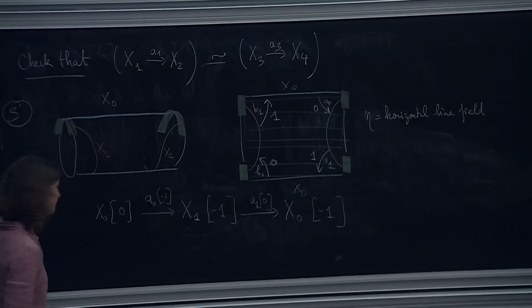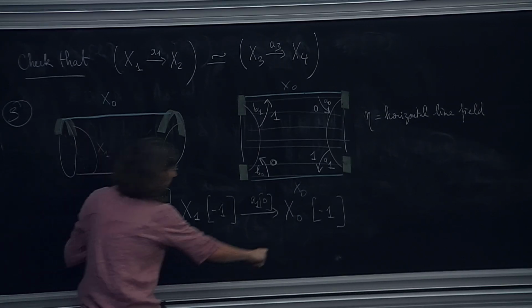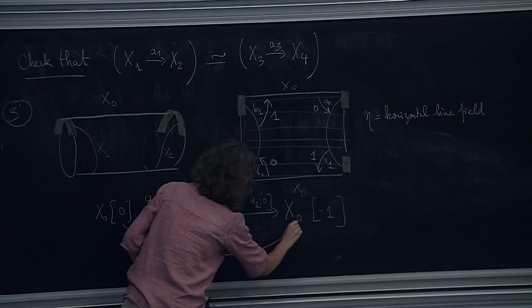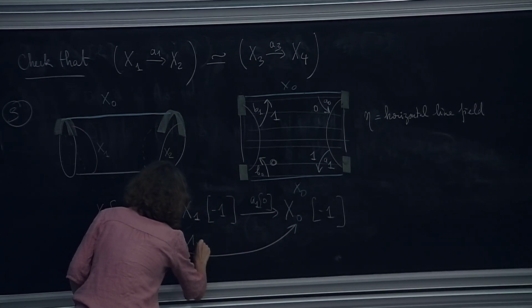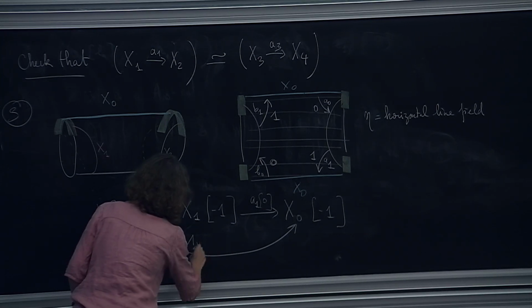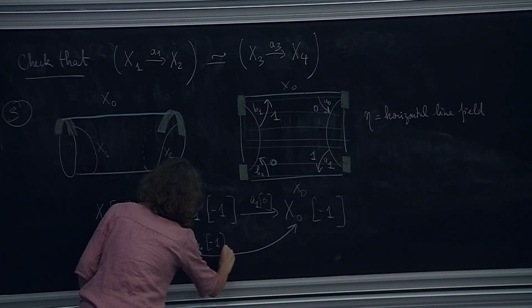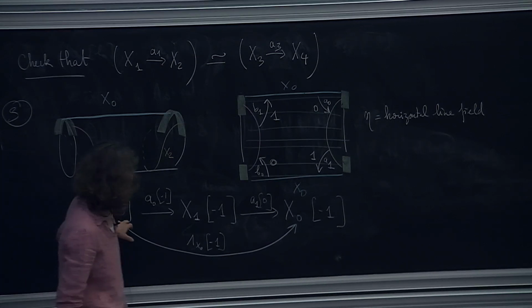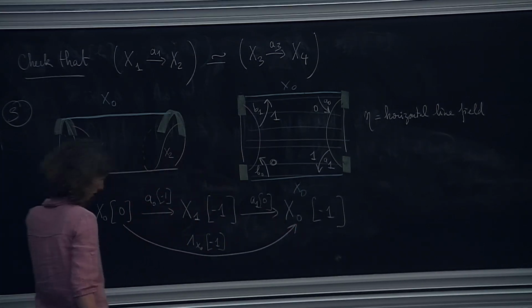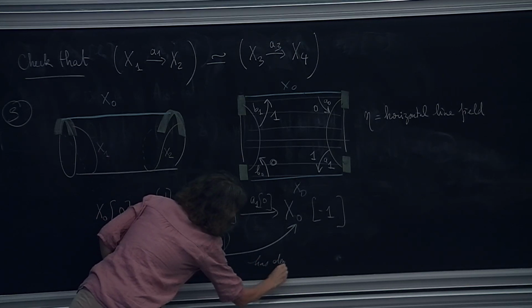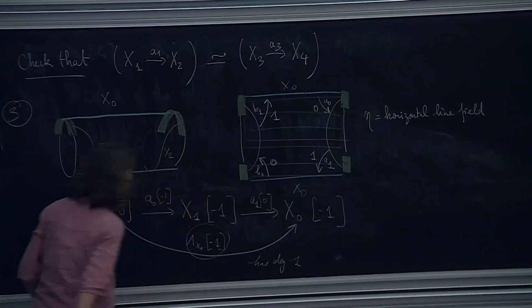But here, I have some morphism from here to here of degree 1. I have 1 x0 shifted by -1. This is a degree 1 morphism from x0 to x0 shifted by -1. So this one has degree +1.